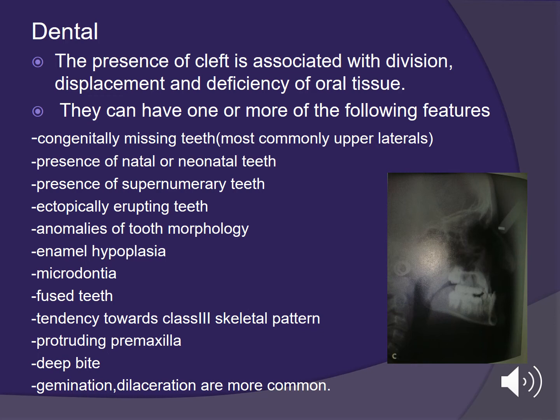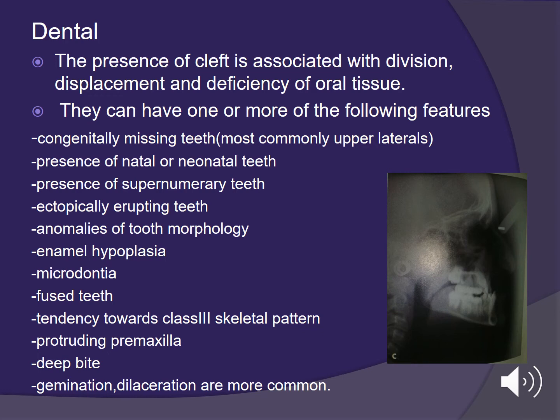You know that the lateral incisor and canine are related to each other. So once the patient has a missing lateral incisor, the canine usually becomes ectopic. Usually they will erupt either palatally or labially.